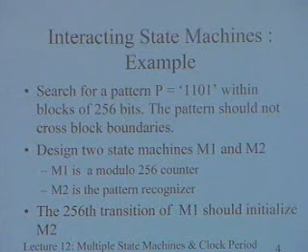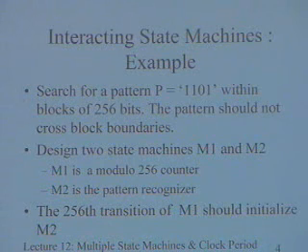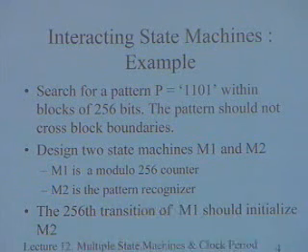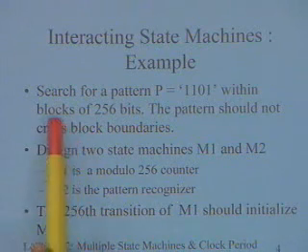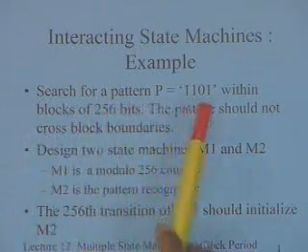It does depend upon some experience, but this can be extracted easily from the specification of the problem, and it should be clear that this is one obvious way of partitioning the system into multiple state machines.